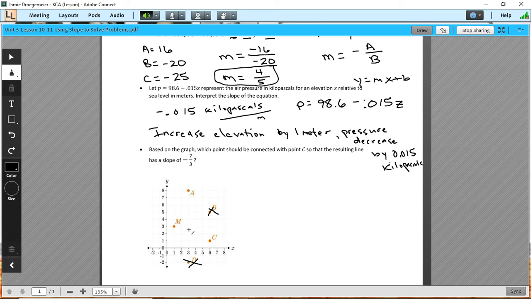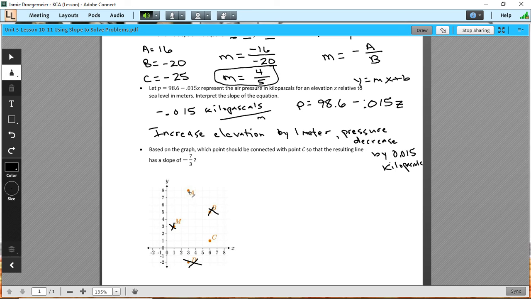So we need to look at what is the slope for A or for M. If I was going to use point M to find the slope from going from M to C, I would need to go down 2 and to the right 5 places. So that would be down is a -2, to the right is a +5. That would be a -2/5. So it doesn't look like that's our point either.